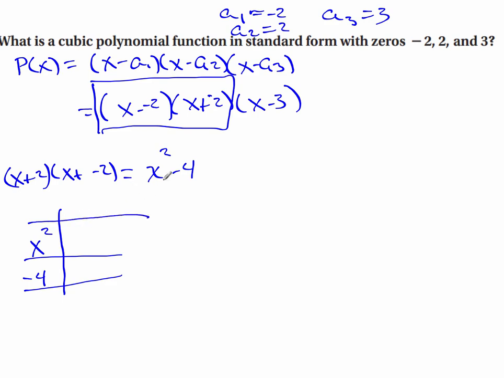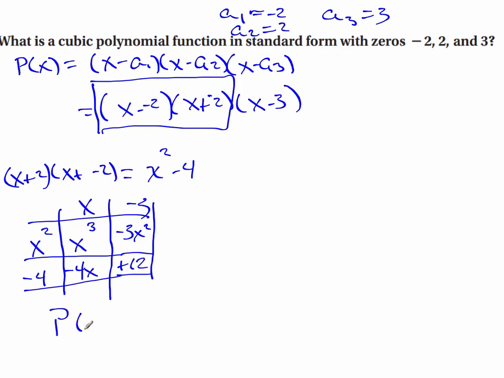Now I'm going to multiply x squared minus 4 times x minus 3. So this is x cubed minus 4x minus 3x squared plus 12. So my polynomial is going to be x cubed minus 3x squared minus 4x plus 12. It's a cubic polynomial, standard form, with the following zeros.